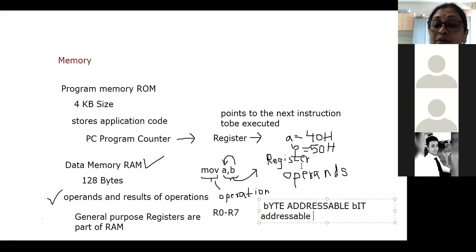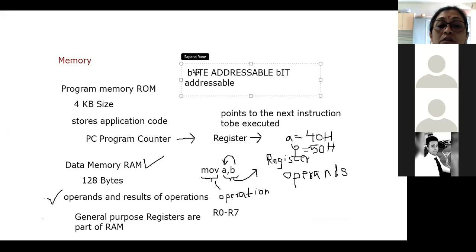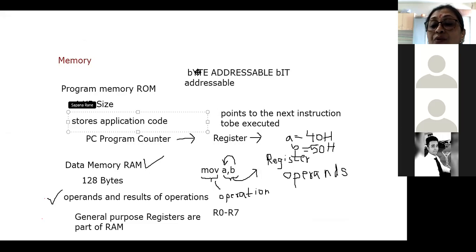Now, what is the meaning of byte addressable and bit addressable? A byte is nothing but a group of 8 bits. You can provide an address to a byte, or even to a single bit.